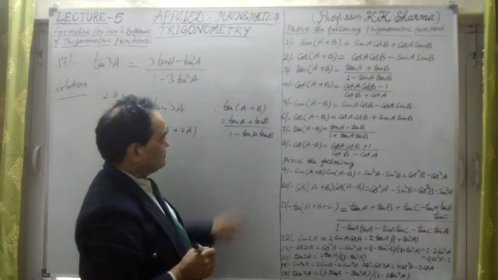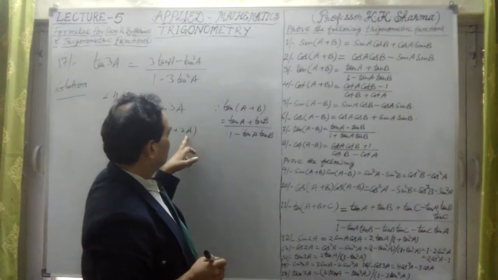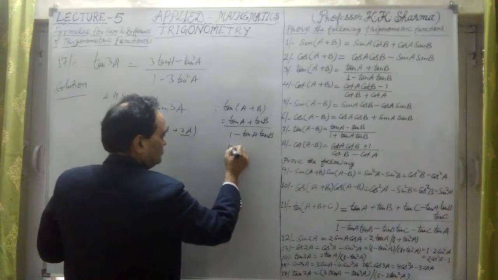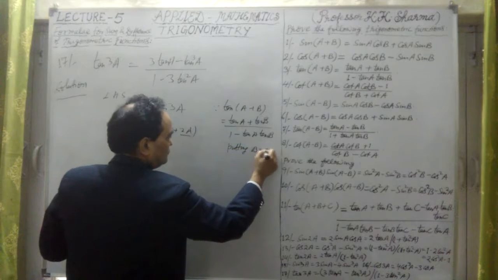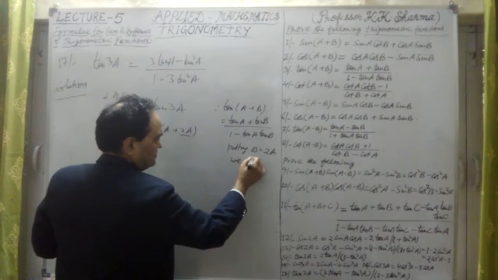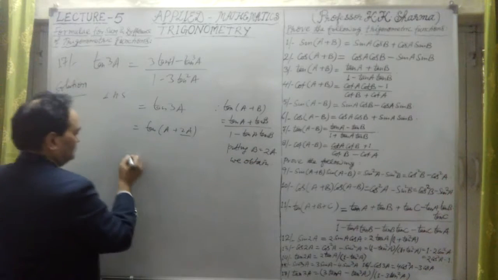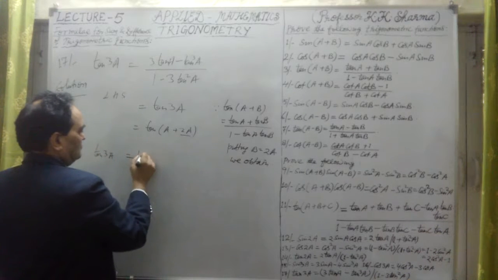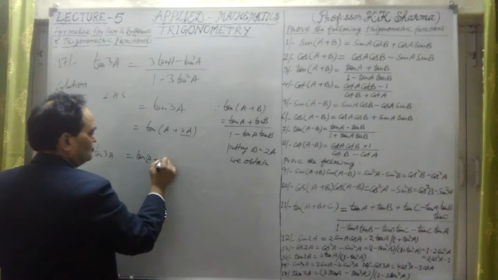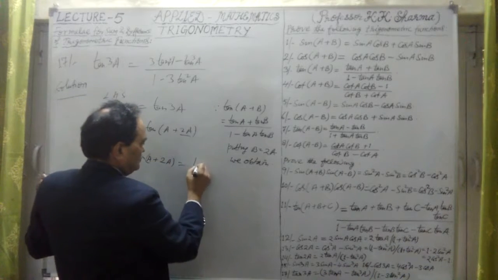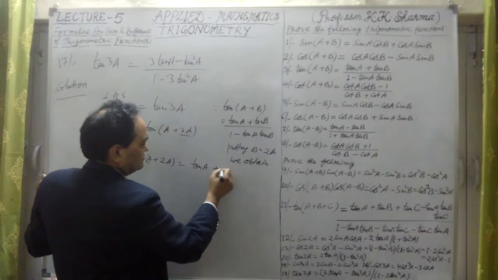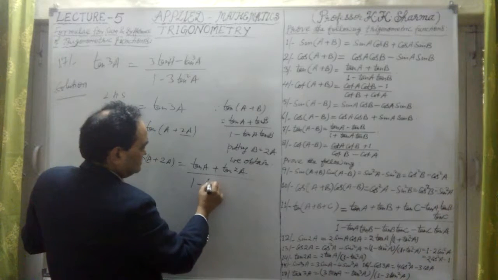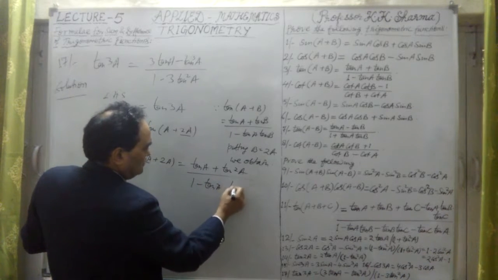In place of b we can substitute twice a. Putting b equal to 2a, we get tan 3a is equal to tan of a plus 2a is equal to tan a plus tan 2a divided by 1 minus tan a into tan 2a.